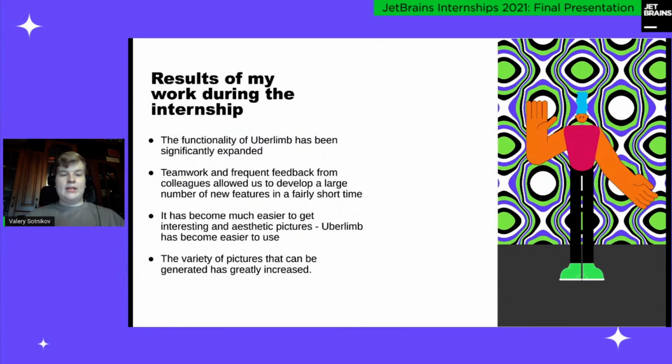The functionality of Uberlimb has been significantly expanded. Teamwork and frequent feedback from colleagues allowed us to develop a large number of new features in a fairly short time. We did a lot in 2 months. It has become much easier to get interesting and aesthetic pictures. Uberlimb has become easy to use, and the variety of pictures that can be generated with Uberlimb has greatly increased.